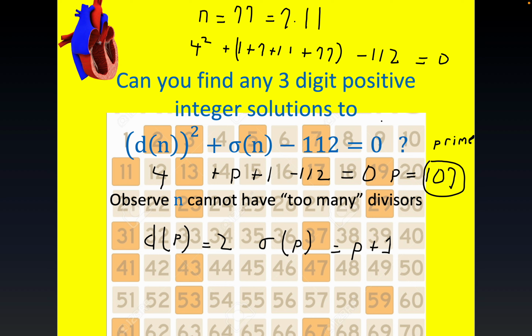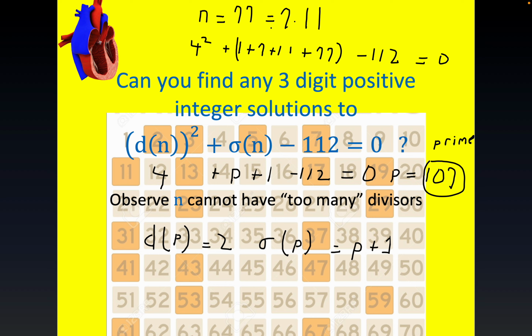We found a 3-digit positive integer solution. You guys, let me know if you can find any others. I think the size of this constant minimizes the possibilities of finding anything larger than 107. Just intuitively, that's how I feel. But what I've done here certainly isn't a rigorous proof.